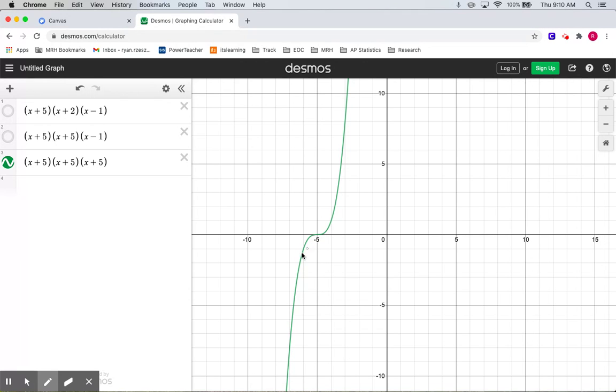But actually it does a weird wiggle or swerve move right here, instead of just passing right on through. So if you have a root that repeats 3 times, you'll see a little swerve going on in the picture before it crosses over. This is kind of complicated, and it's just learning patterns, basically.